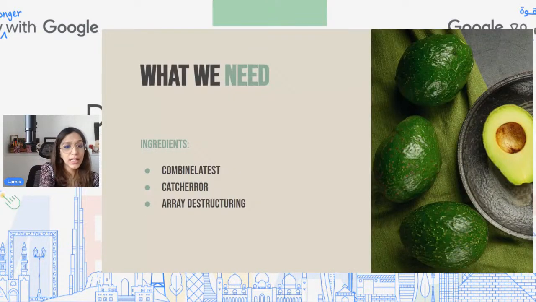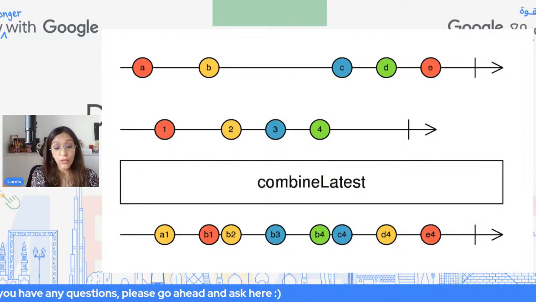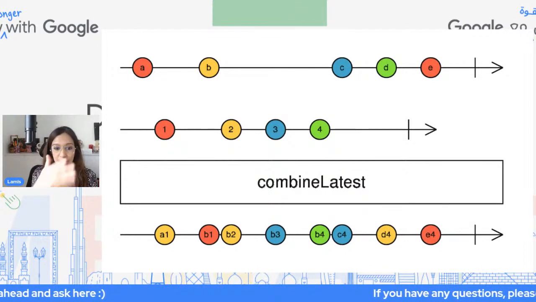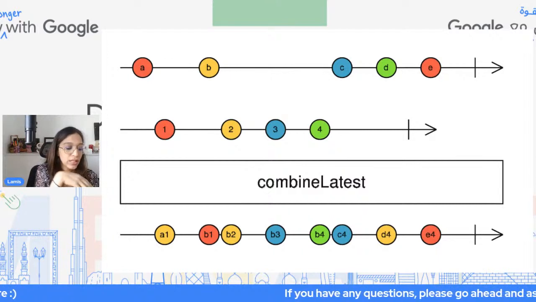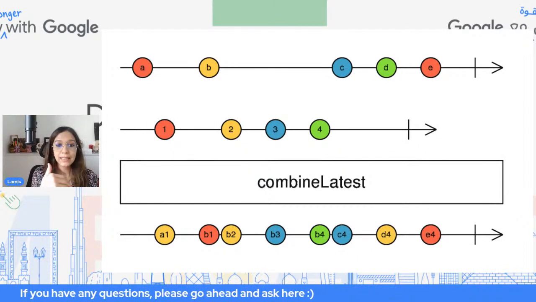What we'll need here is the combineLatest operator, the catchError operator, and the array destructuring technique. combineLatest falls under the category of combination operators. We explained the combination operators in the second session, part 2, if I'm not mistaken, on RxJS operators.